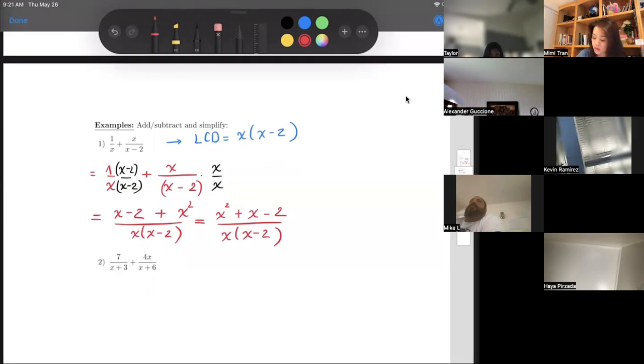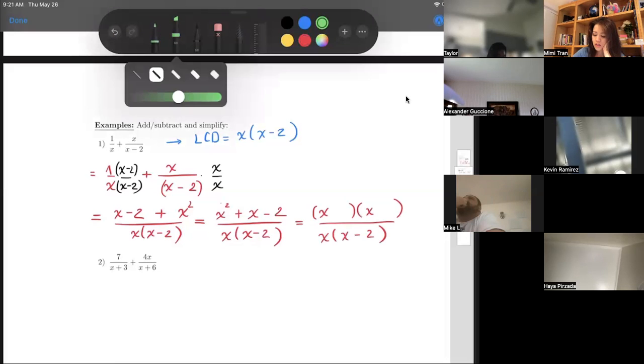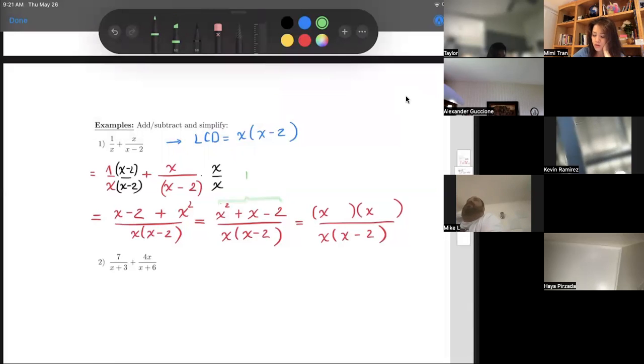Do you think you can factor? Well, there's x and the x, right? Somebody tell me if there are such 2 numbers. I want the product to be negative 2 and the sum to be 1.